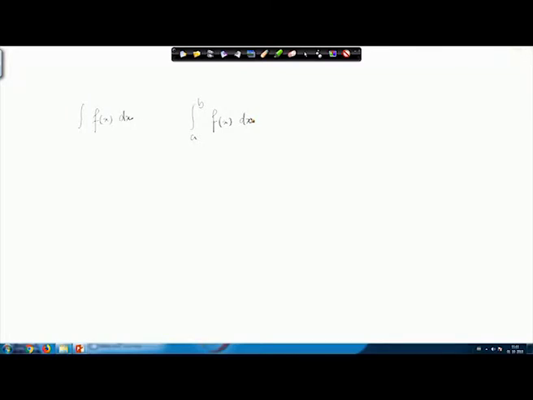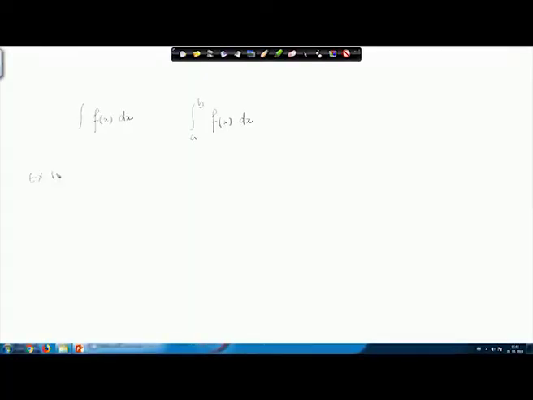Most of the time these functions f(x) are very nicely behaved, so you can integrate or differentiate them. One such example, example 1: integral of x square dx is x cubed by 3 plus c, where c is an arbitrary constant.